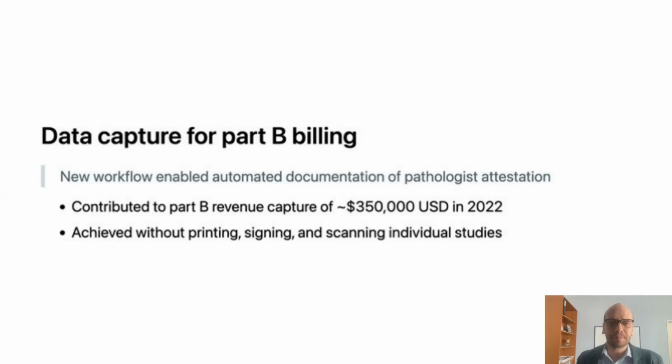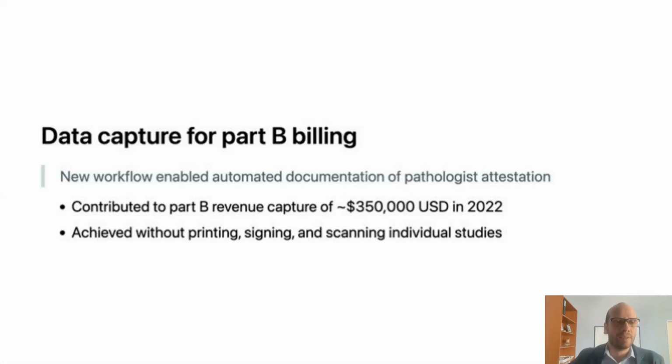And then second, we just didn't have the resources to print, sign, and scan studies simply for the documentation of our signature. And so we were able to integrate the capture of the pathologist's attestation and have that transmit across the interface from Phoresis to our LIS, and then from the LIS to our EHR billing module.